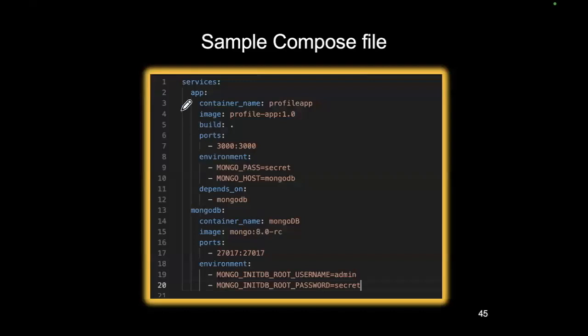This is a very simple example of a Docker Compose YAML file. At the very start we have a services section, and each of these entries is essentially a container. So that's one container, and this is a second container, which looks like it's our user profile app. Well, is it?